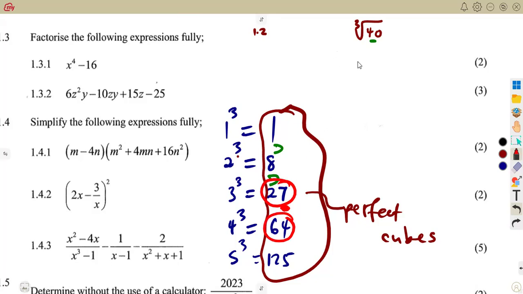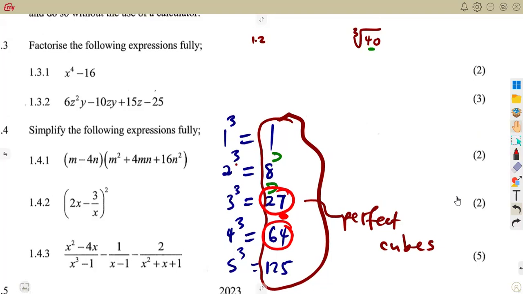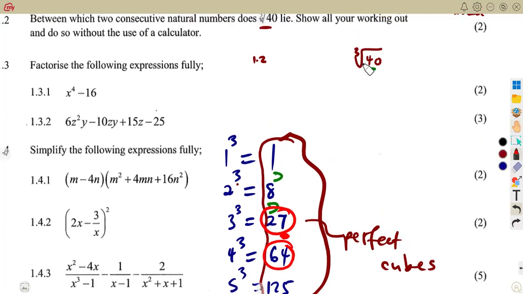So what does it mean if I'm saying these are the boundaries? It simply means the cube root of 40 must be greater than the smaller value, which is the cube root of 27. It's in between these two numbers, so it must be greater than the smaller value but less than the bigger value, the cube root of 64.